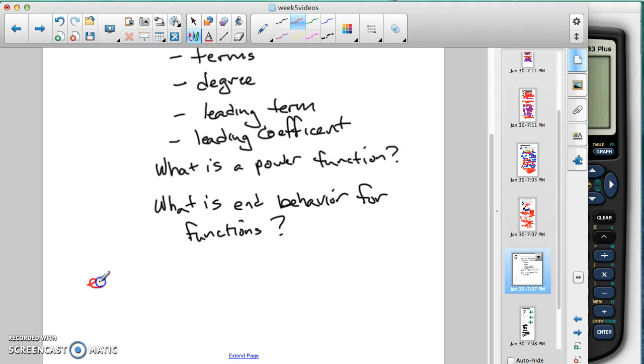So some examples of polynomial functions are just a constant function, 3. So that's an example of a polynomial function. Another polynomial function is your line function, 5x minus 2. It's a linear function. This is a constant.